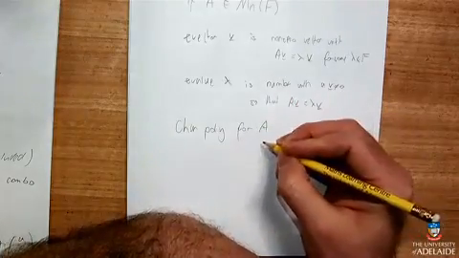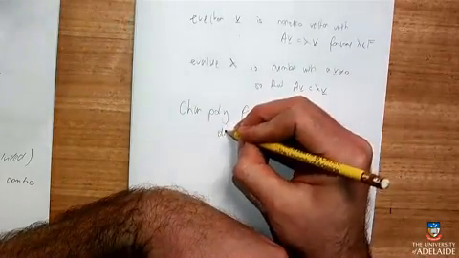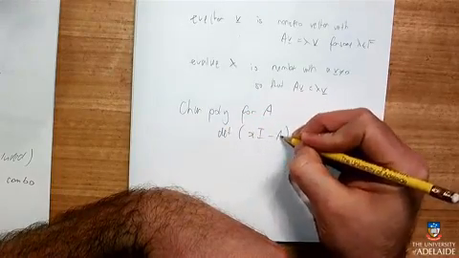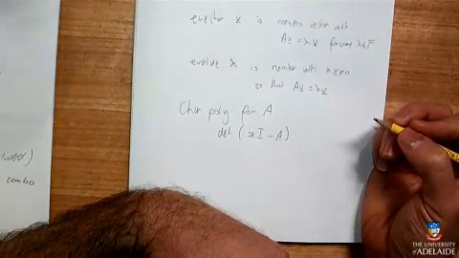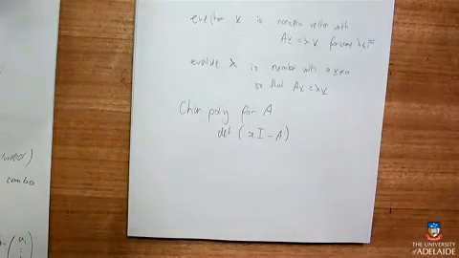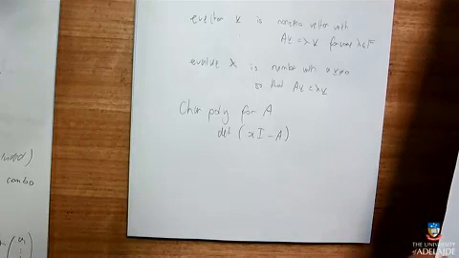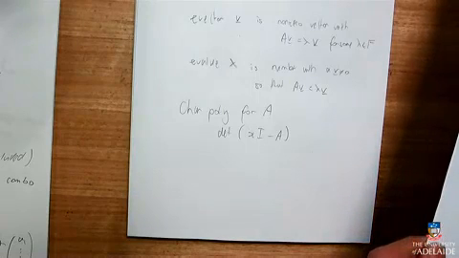The characteristic polynomial of A is the determinant of x minus A. Okay? And it will tell you what the eigenvalues are.